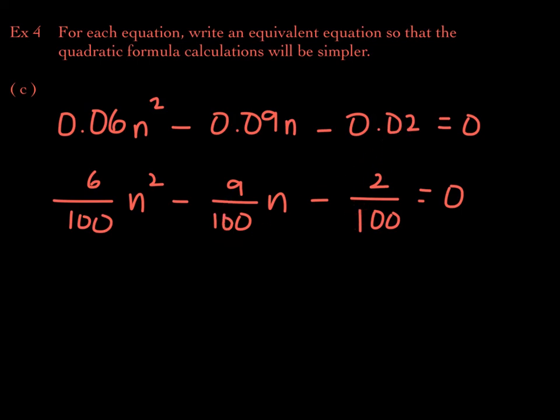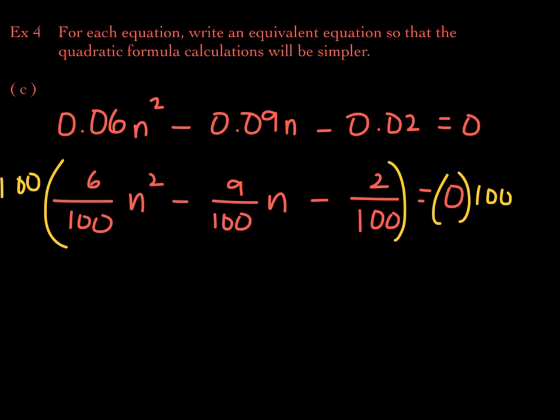So if you write it as fractions, you can see that the LCD is 100. So now I hope you are fully convinced that we need to multiply by 100, okay? When you multiply by 100, notice this 100 cancels with this 100, with that 100, and that 100.